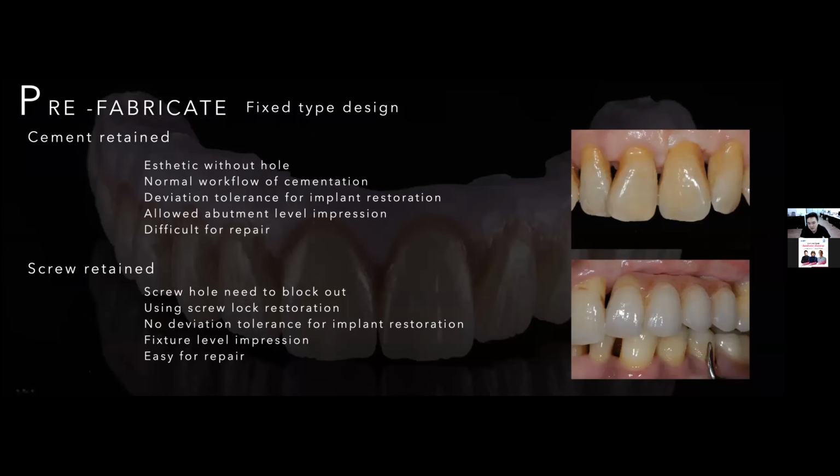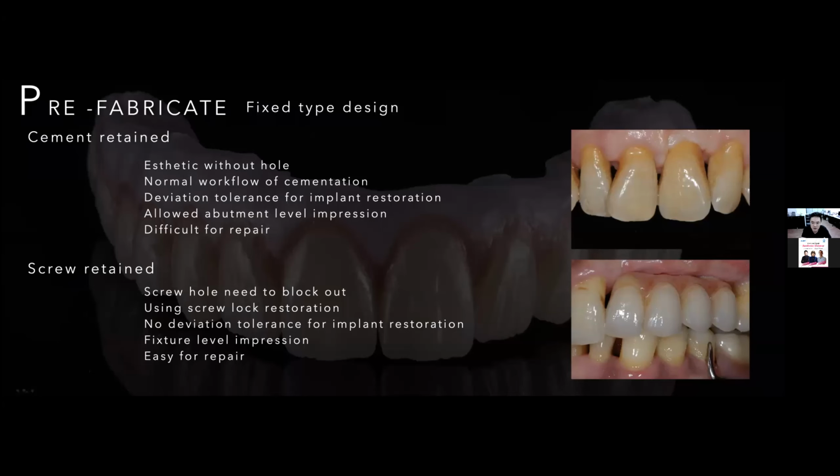So sometimes dentists may make a mistake with the fixture precision. Then the dentist can use the abutment level impression, and it is easier because the restoration is the cement type, because we have the deviation tolerance. Why?